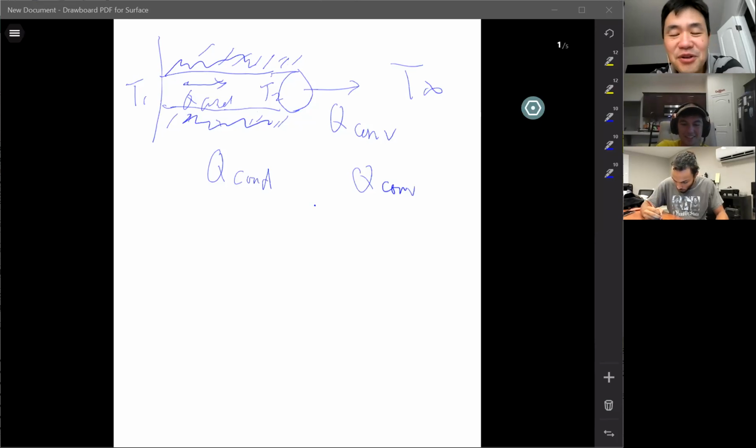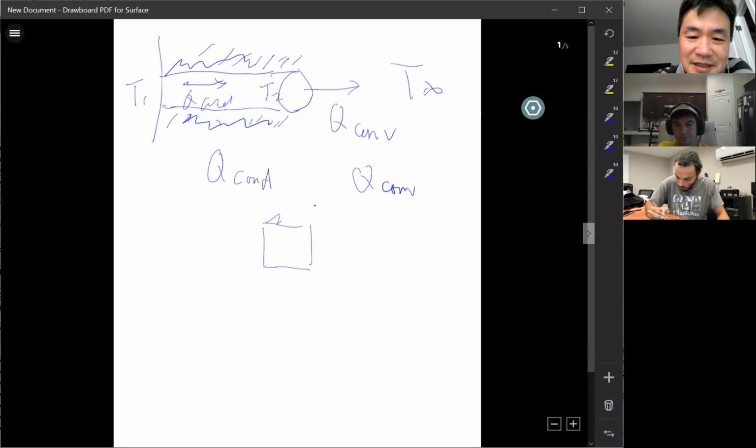And if you look at it from the energy point of view, where does the energy go if it's not equal? You look at the energy balance. I don't know if the previous teacher talked about this. If you have an element, let's say it's 1D, energy goes in from here, energy goes out from here.